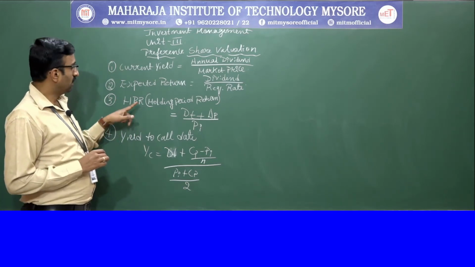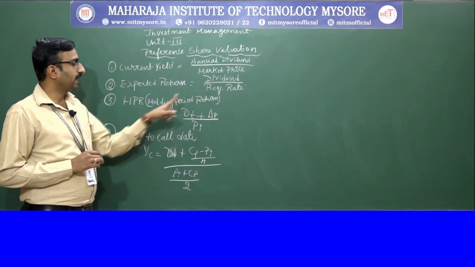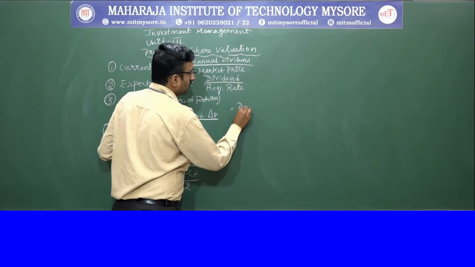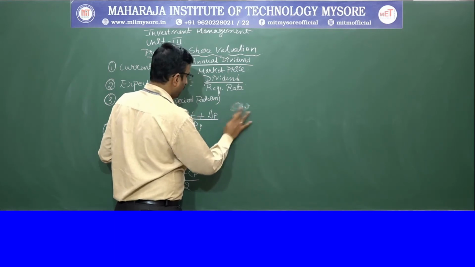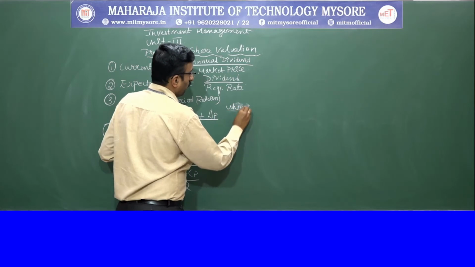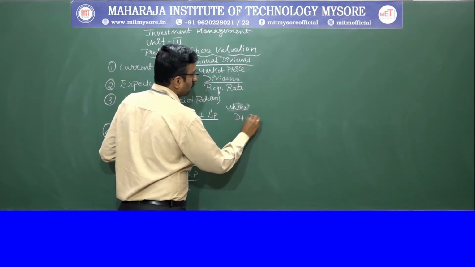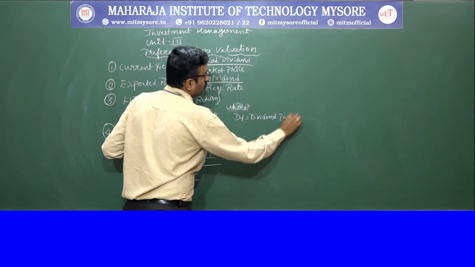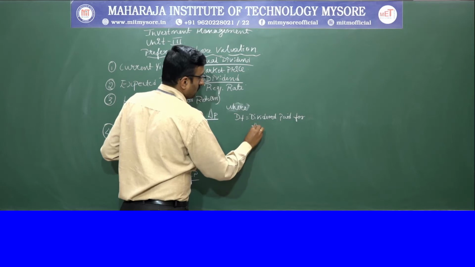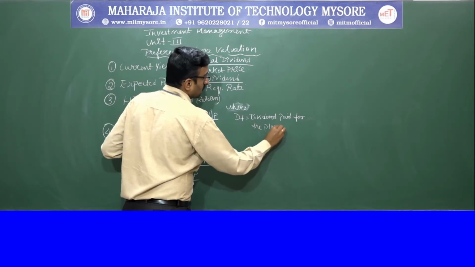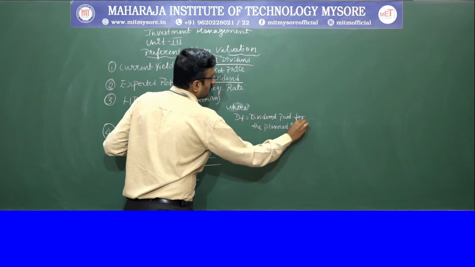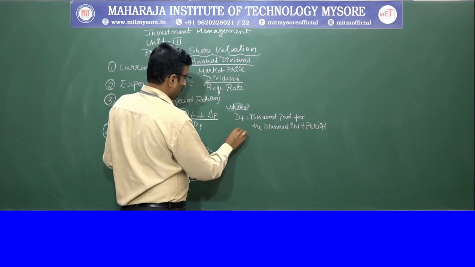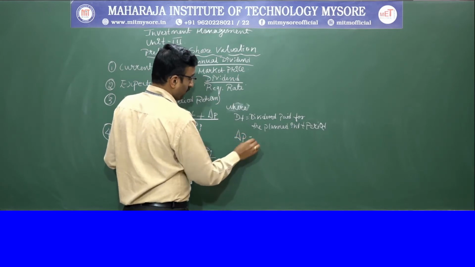Here, HPR is the holding period return, and DT is the dividend paid for the planned investment period.